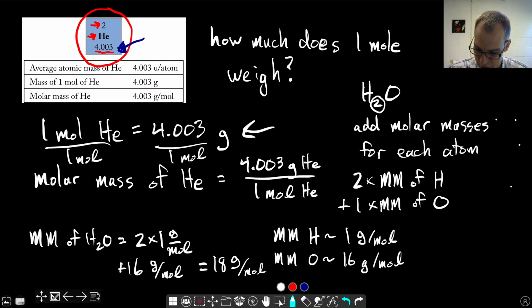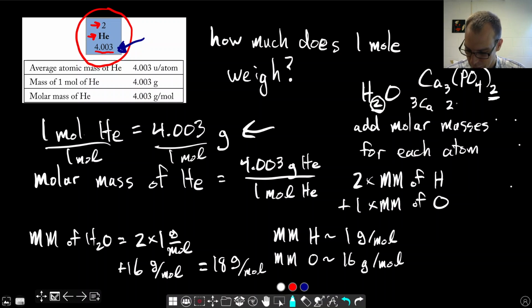Remembering, again, the key thing is to remember all the subscripts, and if there are any parentheses, say you have an ionic compound like calcium phosphate. So this would be the formula for calcium phosphate. We would need to remember that this 2 applies to the whole PO4 3- ion here. So that would mean we'd have 3 calciums, 2 phosphoruses, and 8 oxygens we need to add together, just as an example.